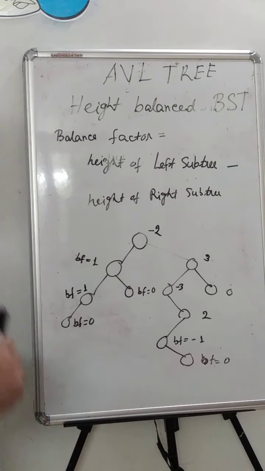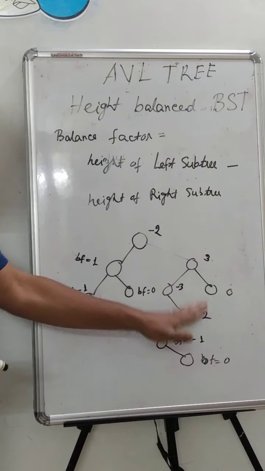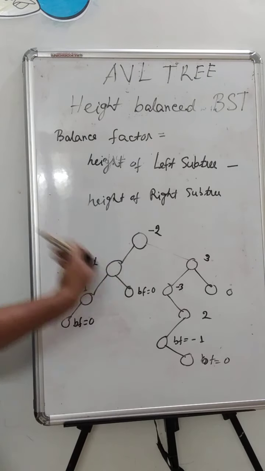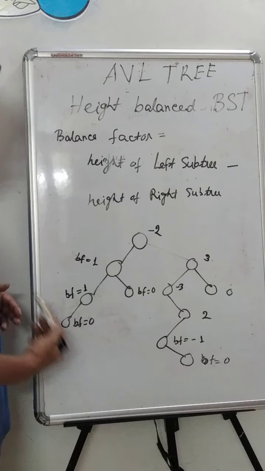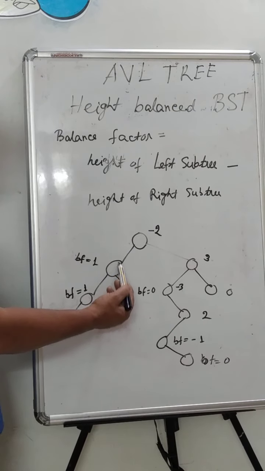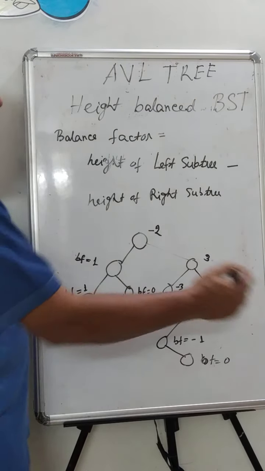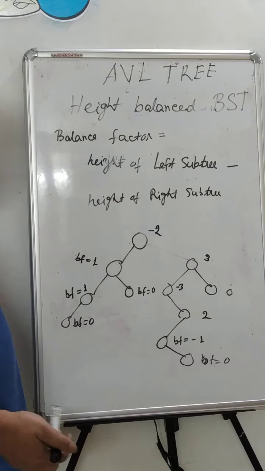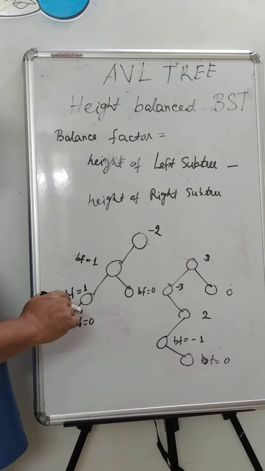Now, for being an AVL tree, we must ensure that the values here fulfill the property of a binary search tree, that means that for any node the left subtree's values are smaller than the parent node and the right subtree's values are either equal or greater than the given node. That is the property of a binary search tree.